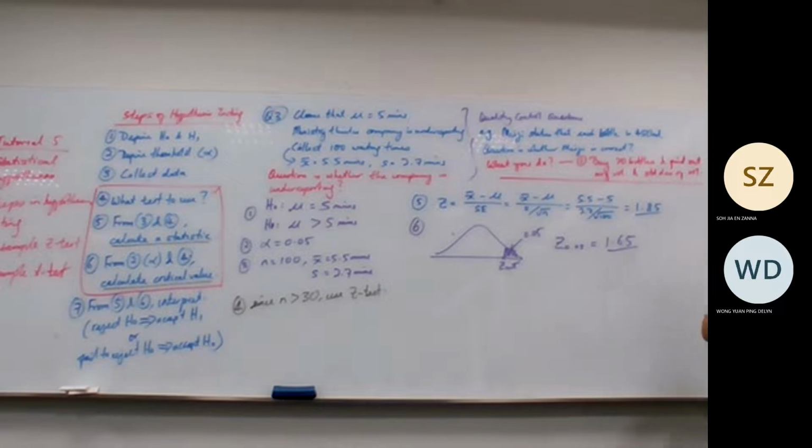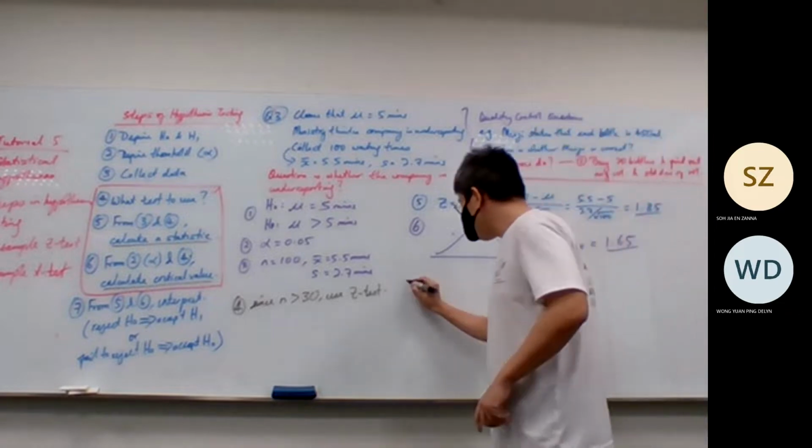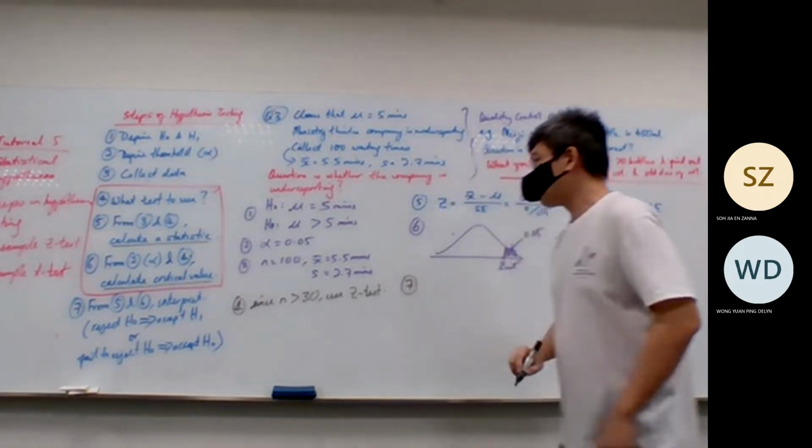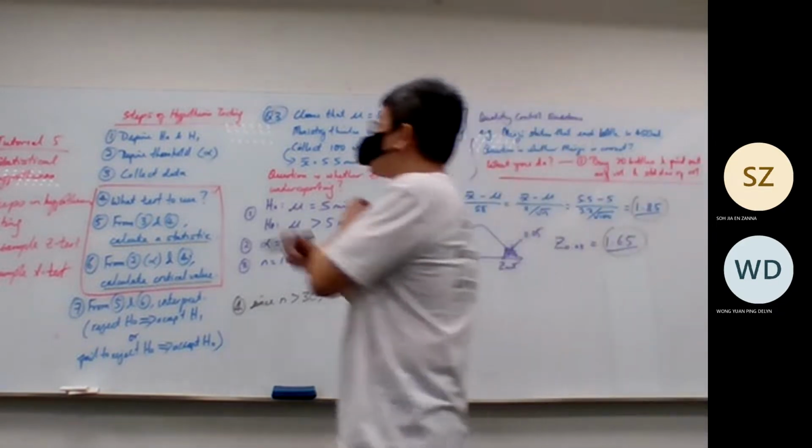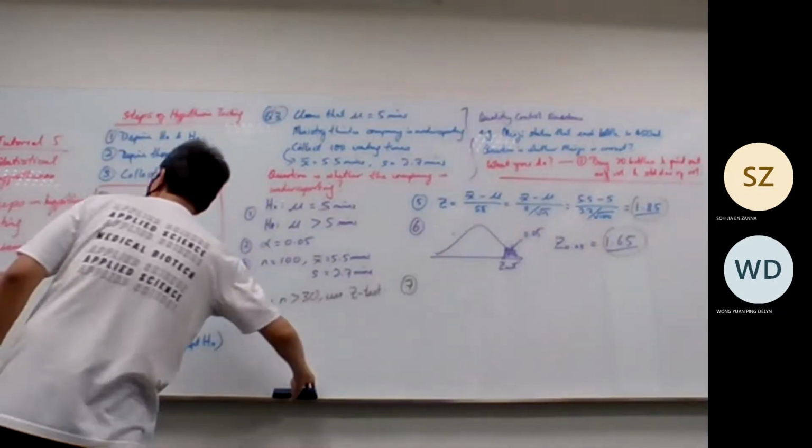Then after that, you interpret the results. Based on these two, you interpret the results. Do you accept or reject the null hypothesis, and why, and what does it mean? Now, in order to interpret the results, let's have a very simple rule.